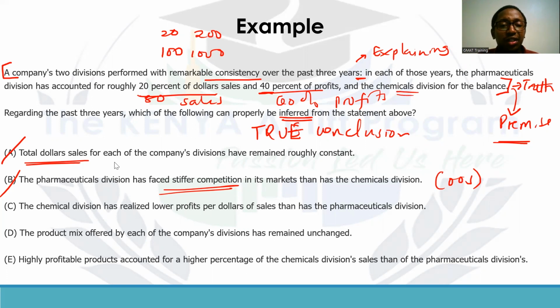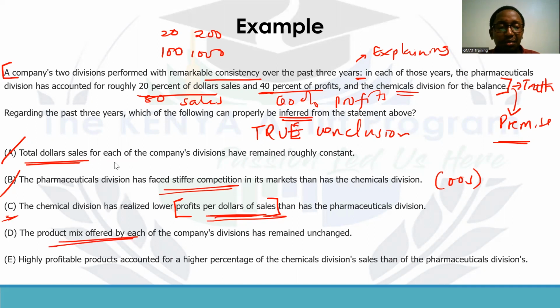So the chemical division is having lower profits per dollar of sales than has the pharmaceutical division, even if the pharmaceutical division accounts for the largest percentage of the profits. So it's lower profits per dollar of sales. So keep C.